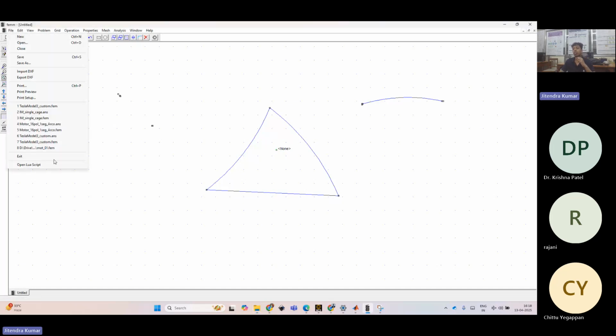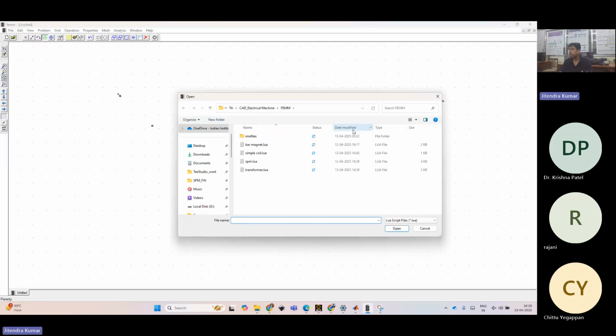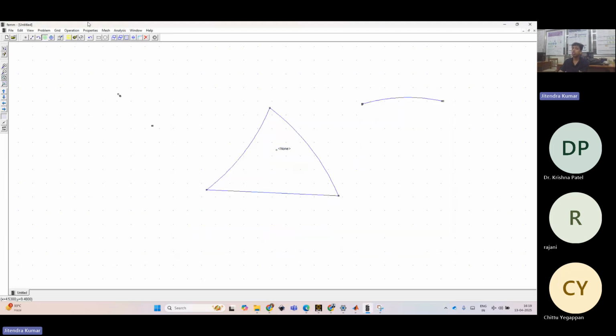Here it has a console of Lua script. So it is basically connected with a scripting interface which is known as Lua script. So here it has a console. Either you could import the Lua file, which is basically in the form of a notepad kind of thing, or what you could do, you could open a Lua console here, right?